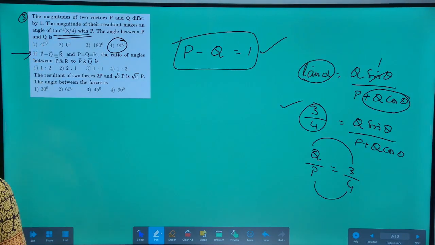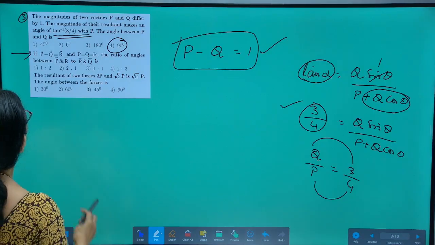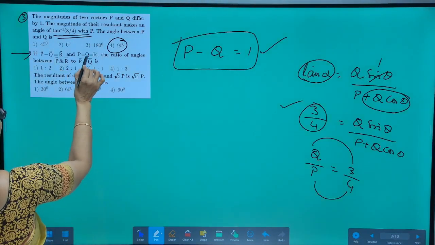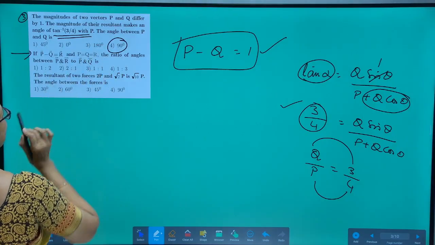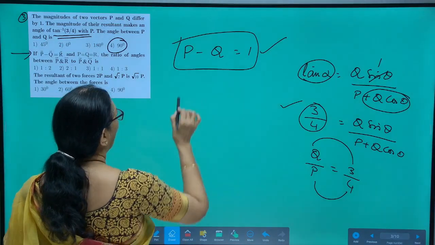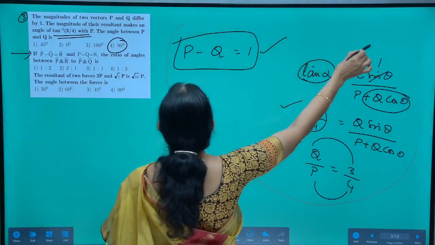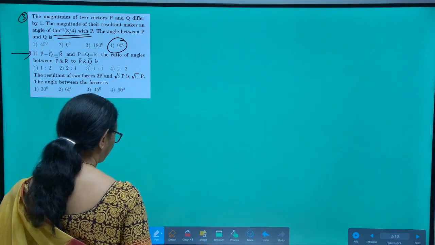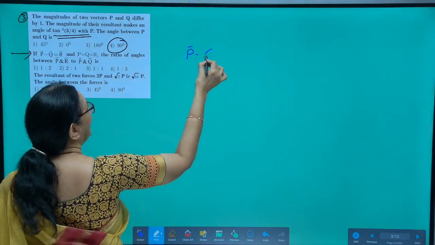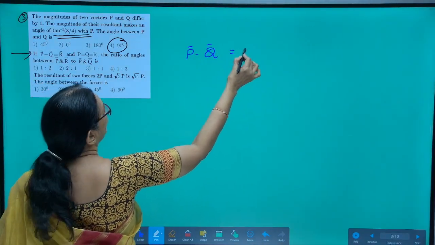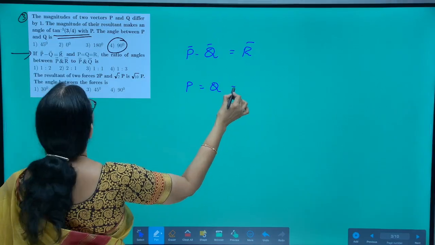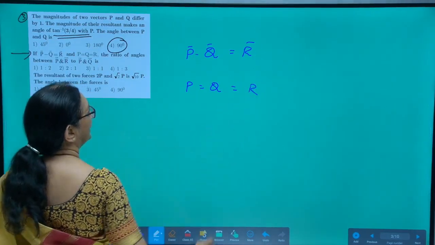Next, this question. Look here. P bar minus Q bar is equal to R bar. P is equal to Q is equal to R. The ratio of angles between different vectors is asked.